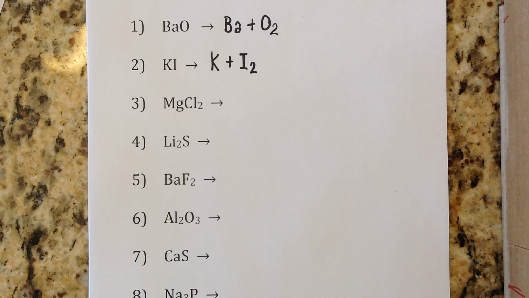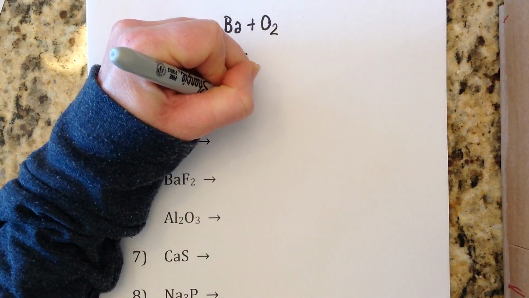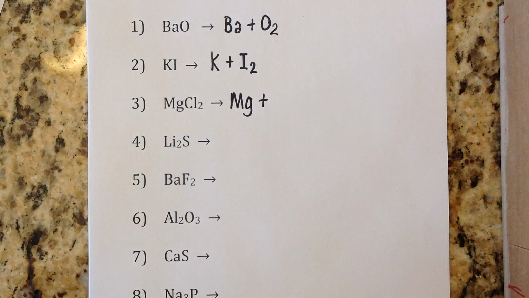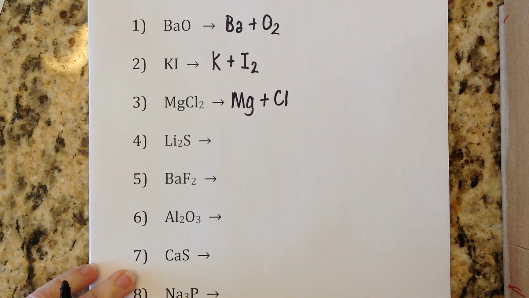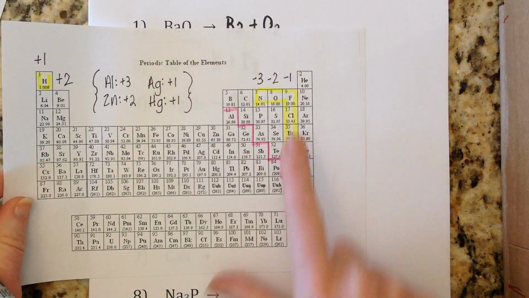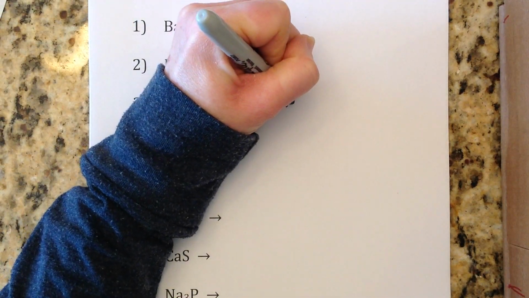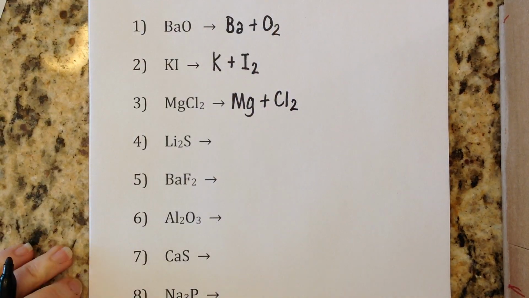Number 3, magnesium chloride. That is made up of magnesium and chlorine. Again, chlorine is one of the special 7 that cannot exist alone. It is diatomic, so put a 2 on it.